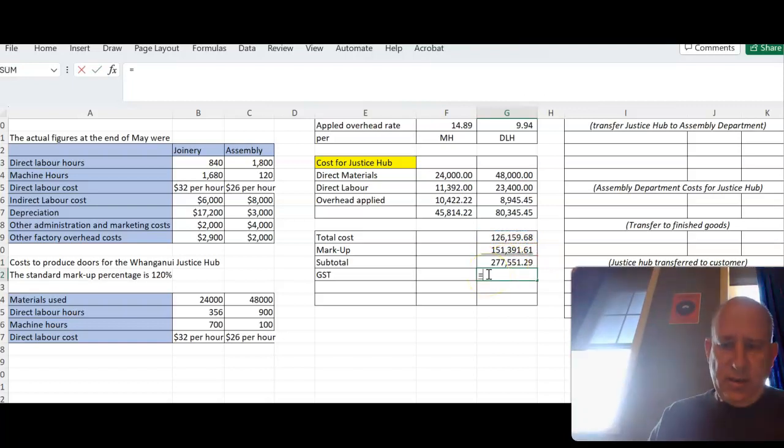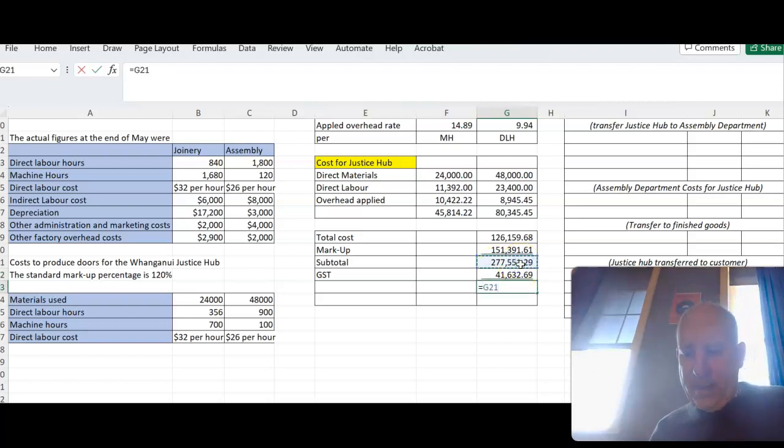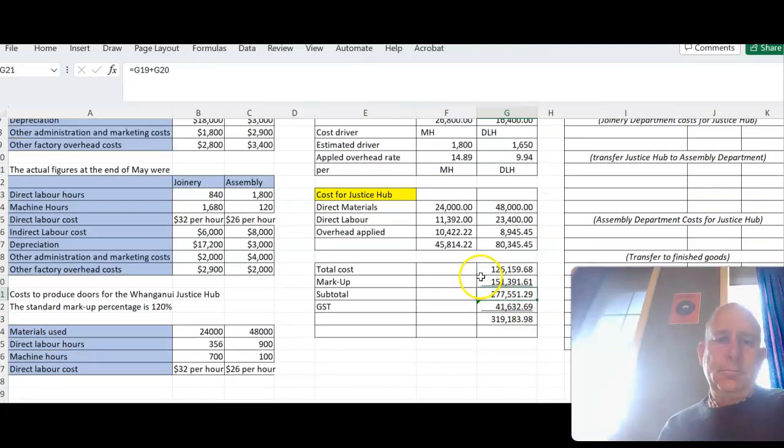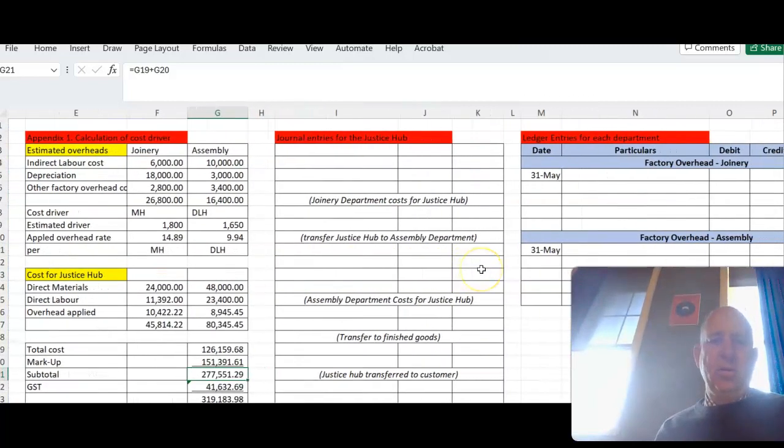The GST is going to be that times 15%. So how much the Justice Hub is going to pay us is the subtotal plus the GST. Happy with that, we'll scroll across.